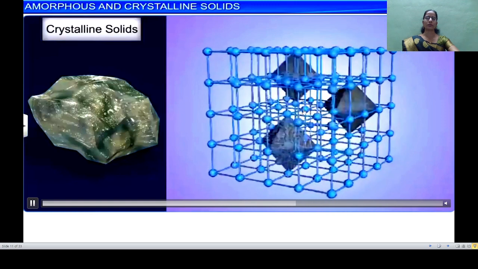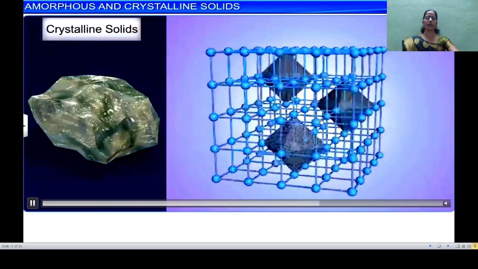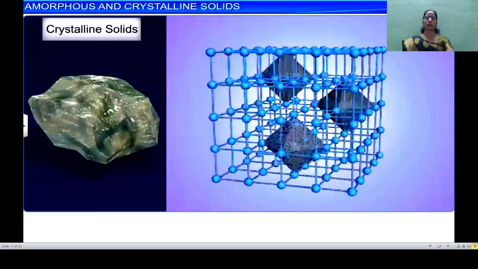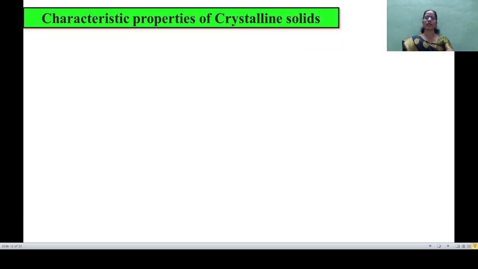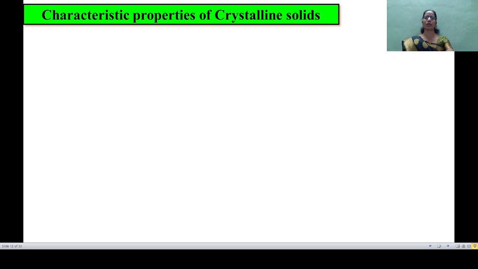Okay, now observe the arrangement in all directions. Here this arrangement also extends all over the entire crystal. That is, there is a long range order of arrangement of the constituent particles. Now with the help of this observation, you can easily write the characteristic properties of crystalline solids. See the first characteristic.